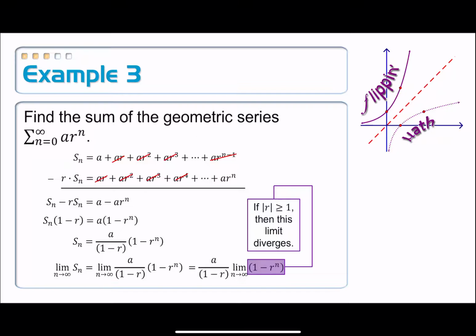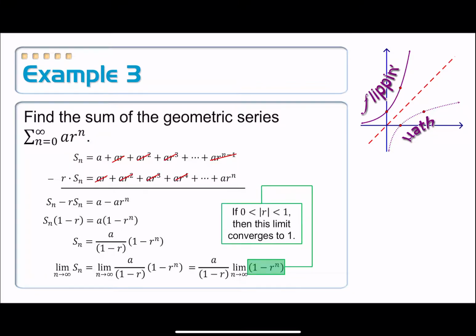Okay, how about converging? Converging happens if it's an exponential decay. Exponential decay happens whenever r is between, say, 0 and 1, when it's a fraction like that. But it also works for the negatives. So the way that we state this is that it converges if the absolute value of r is less than 1. Then the limit there is going to converge to 1, right?